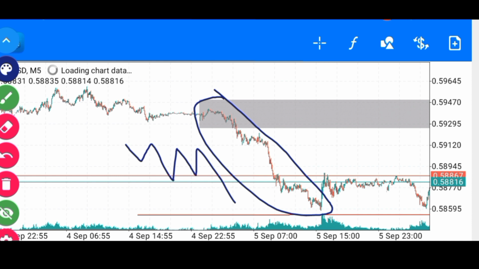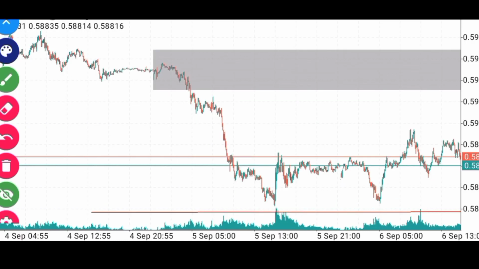And as I told you, sometimes the market might actually come back up, as you can see, come back to take out a high it made. If you look at this place, the market came back here and went a little above the previous higher low, yet it continued downward.